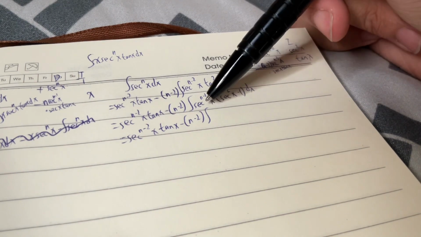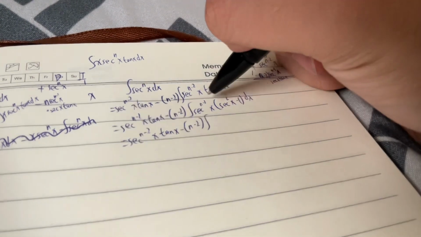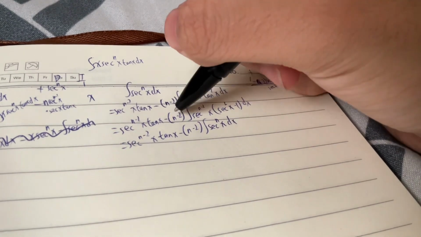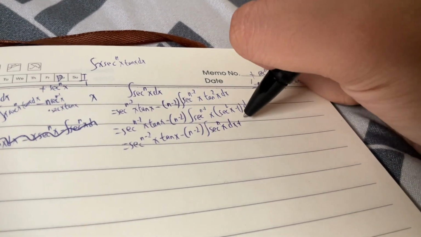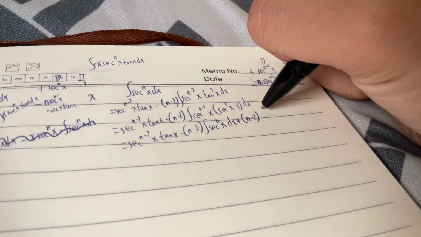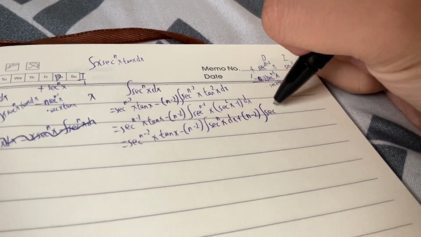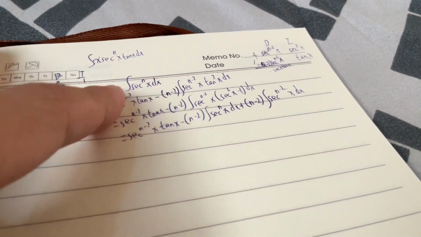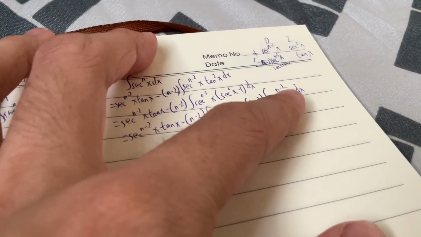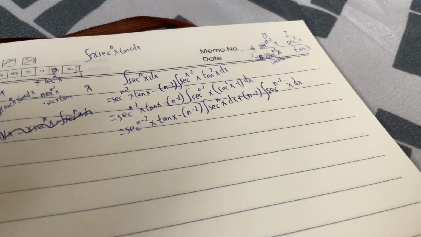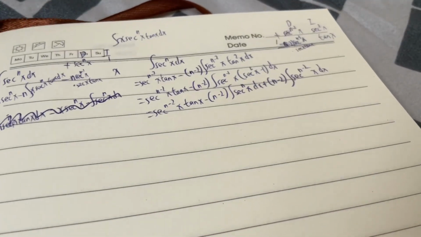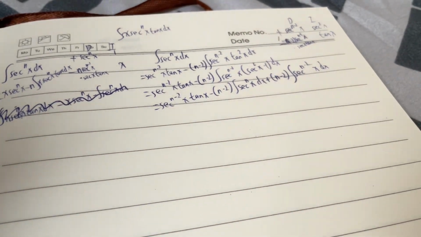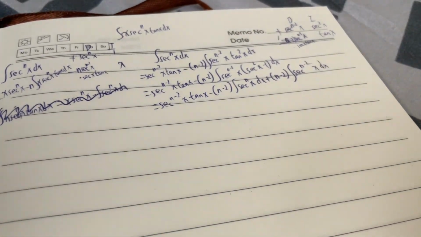And then the first one, the power becomes n, secant power of nx dx. And then this becomes plus n minus 2 times the integral of secant power of n minus 2x dx. You see, this actually helps us. The power just subtracts. That's why it's called a reduction formula, right? The purpose of a reduction formula is to reduce the power.